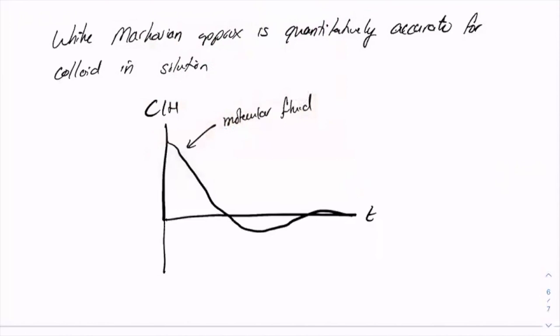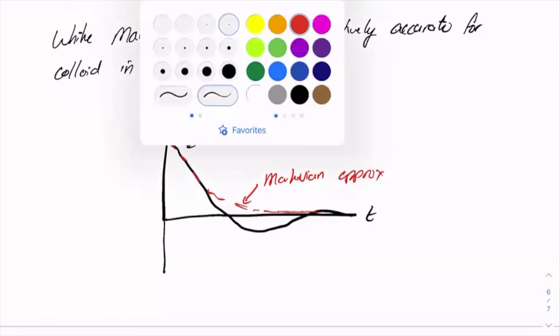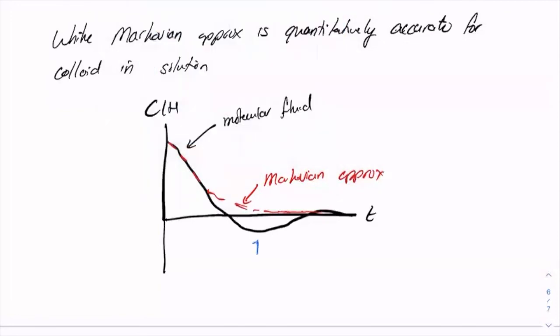Which has much more structure than a simple decaying exponential. And most notably, it has this recoil which has a simple physical interpretation.